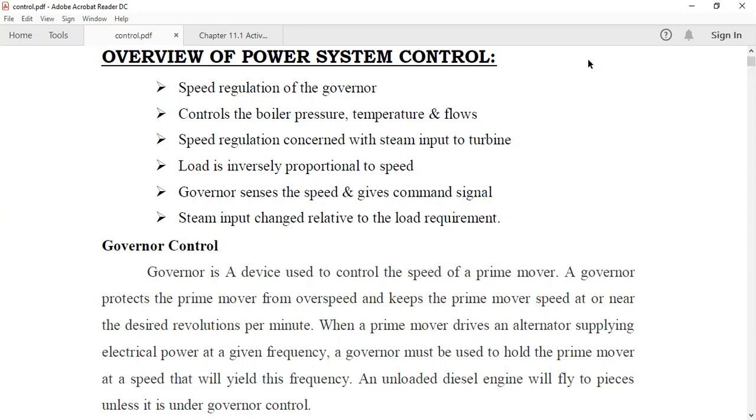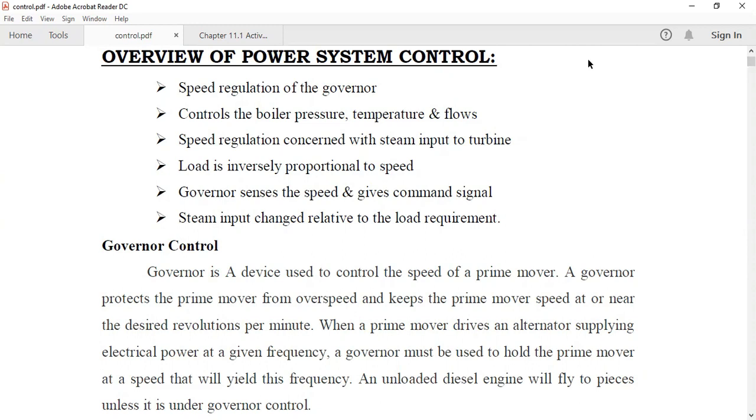Then the governor gives a command signal, and the steam input changes relative to the load requirement. So almost all the parameters are related to controlling the voltage and the frequency. Most of the time, the control or regulation action is taken care of at the time of generation itself.